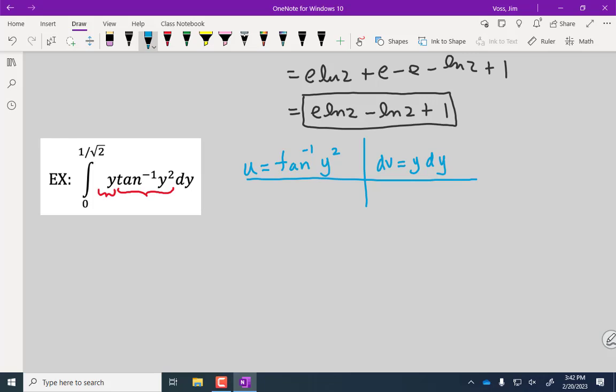So differentiate that. So the basic derivative is 1 over 1 plus x squared if you're looking at an arctan of x. So basic arctan derivative: one over 1 plus x squared.